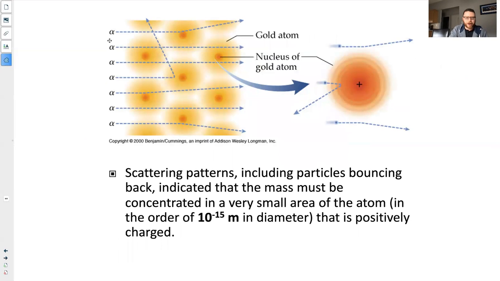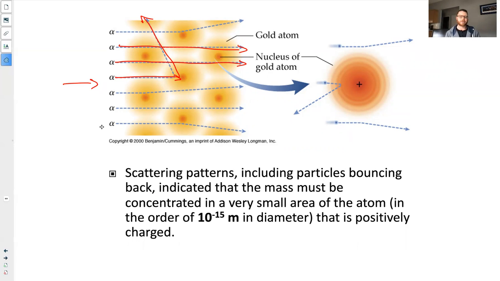So we have alpha particles being emitted on this side, traveling left to right. So the majority of the alpha particles were able to pass through. However, when the alpha particle were to strike the actual nucleus of the atom, it would bounce back at a larger angle of scattering, okay?